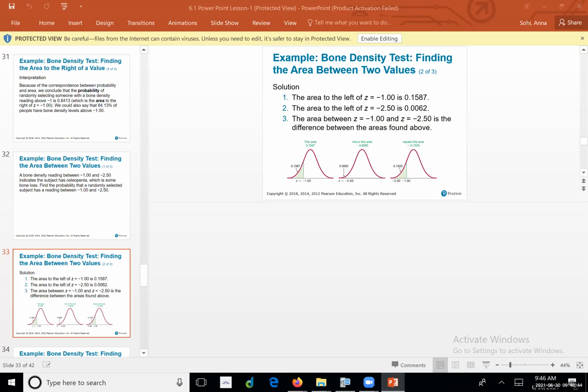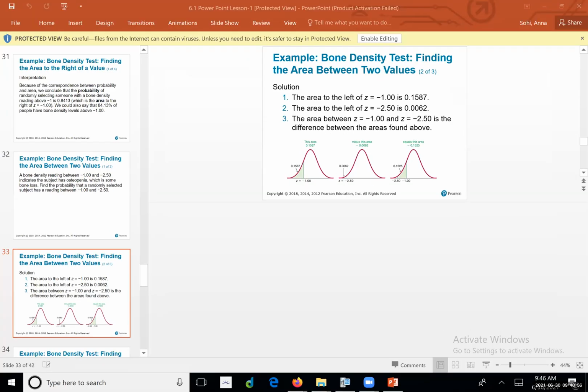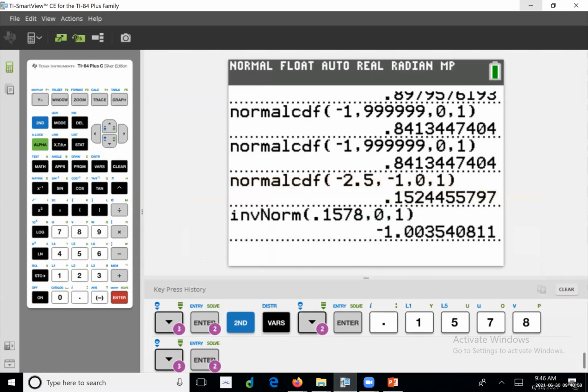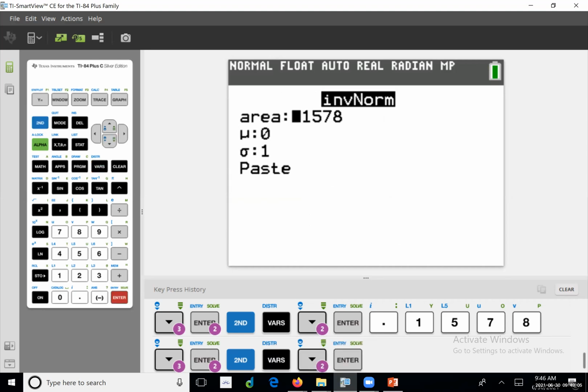-2.5 is the other one. So if I put this probability, 0.0062, and go to inverse norm, what did I say for the area? 0.0062.